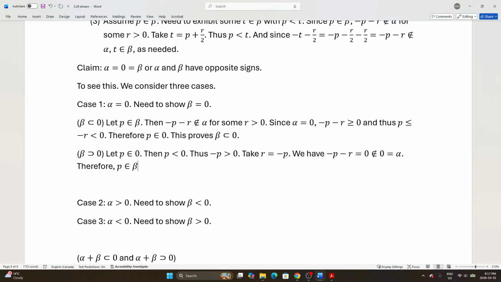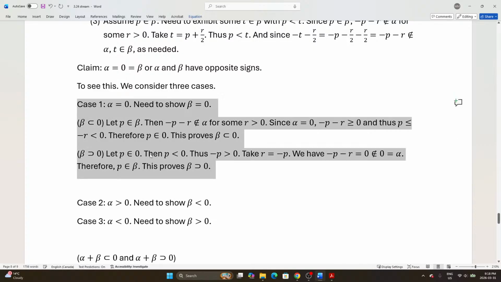So P is in beta, it's done. So therefore this proves beta contains 0. Okay, so two sides are verified. So beta is equal to 0 in this case. Case 1 is done.